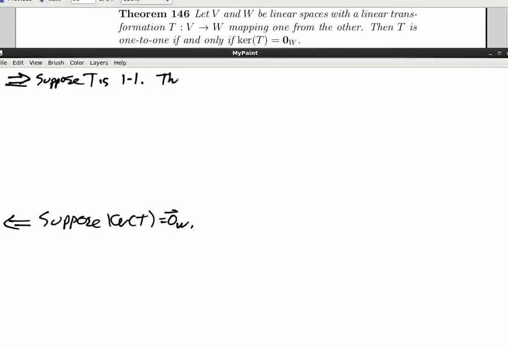Then for each output, there is at most one input.